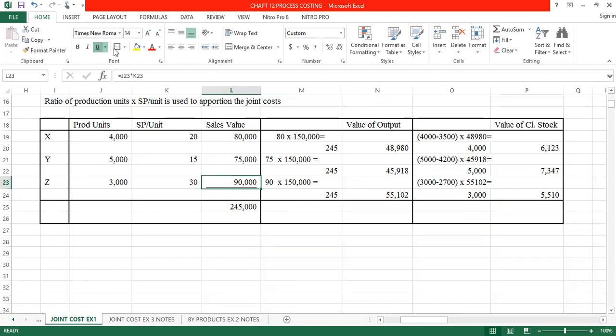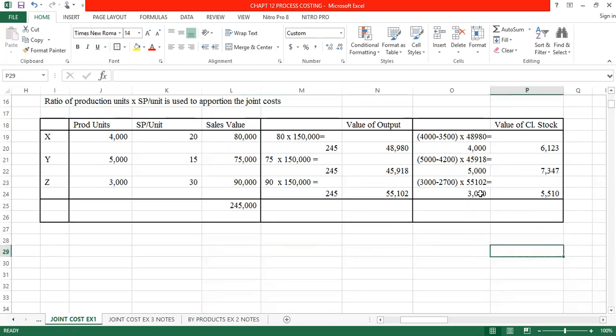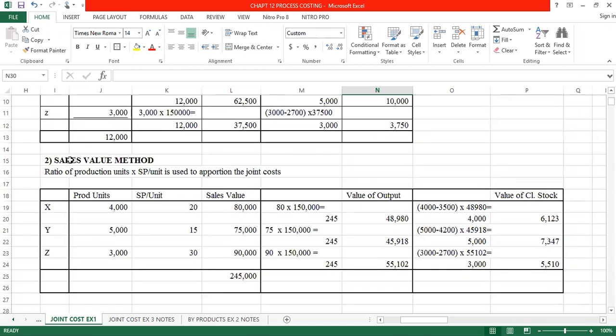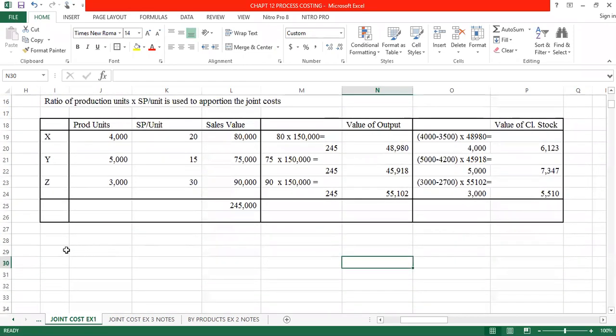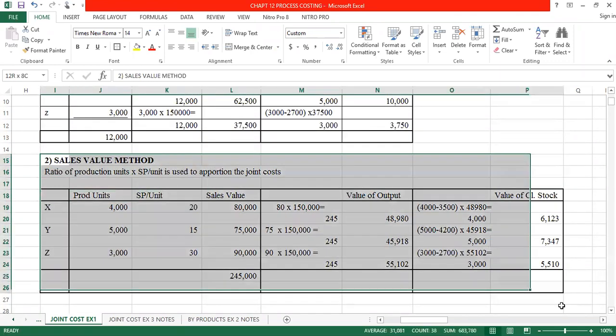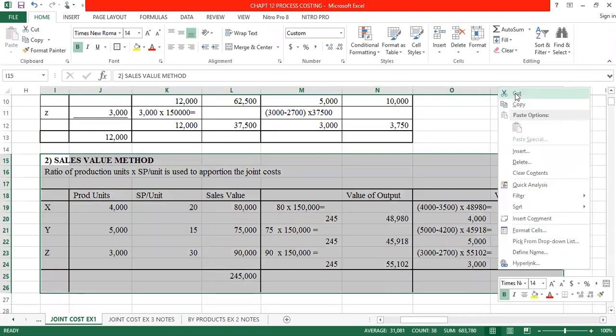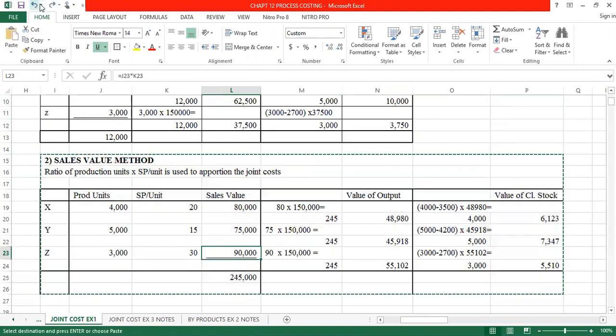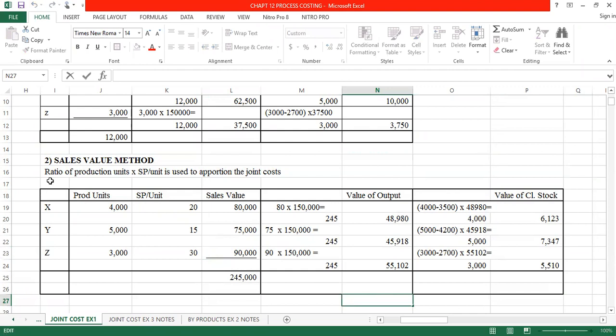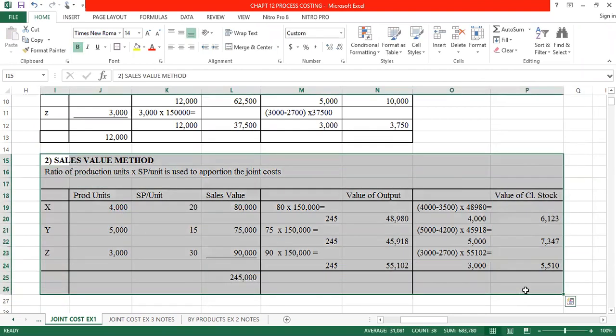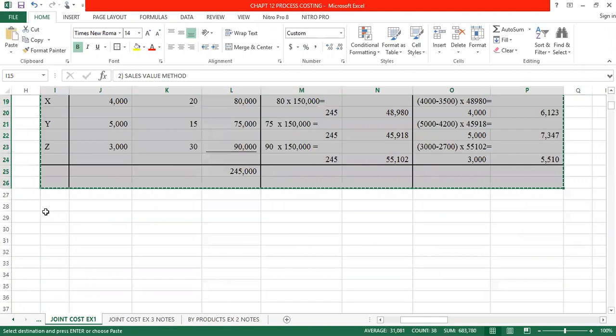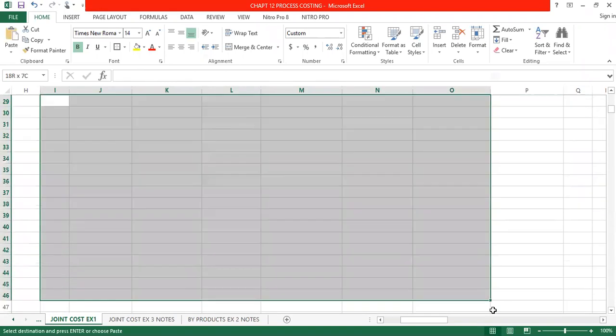I don't need to underline that once I've done it. Maybe even in the third method, it is just the same concept, that is sales value. So for the last method, I can just copy and paste this. I'll copy, not cut, and paste it here.